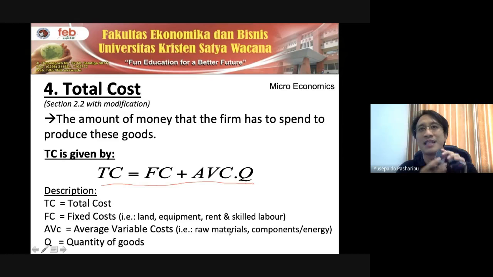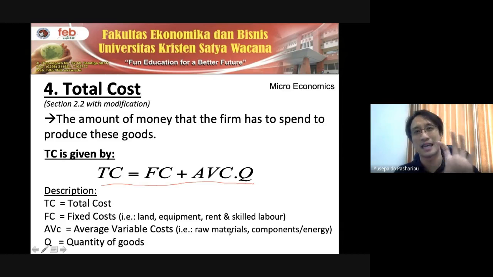That is 5 million times however many iPhones I want to produce at that time. If I just want to produce one, then 5 million times one, only 5 million is needed to build this iPhone. But if I want to produce 100 iPhones, then 5 million times 100, that means 500 million rupiah for producing 100 iPhones.